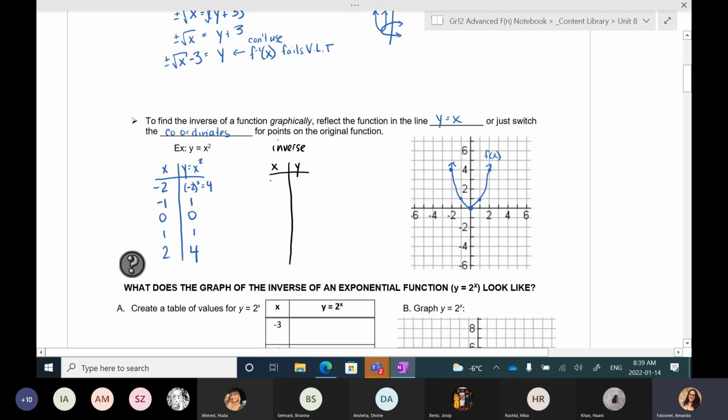I'm switching the x, y. So now I'd be at 4, negative 2; 1, negative 1; 0, 0; 1, 1; 4, 2. When I go to graph those, we get that sideways parabola.